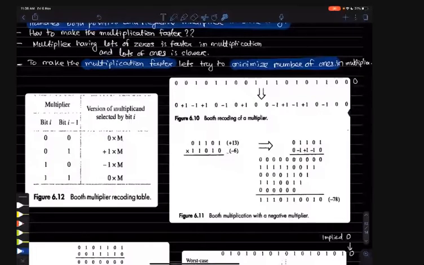Then 1, 1, output 0. Then 1, 0, output is plus 1.